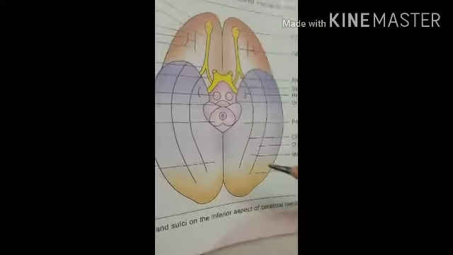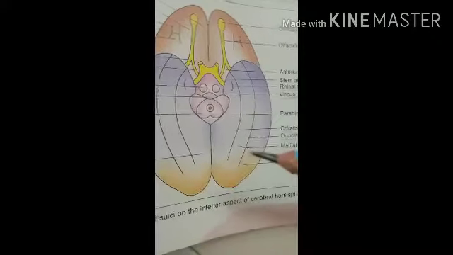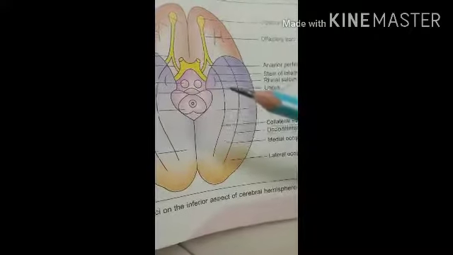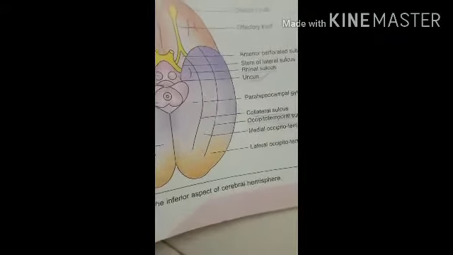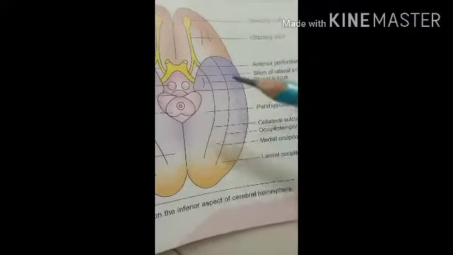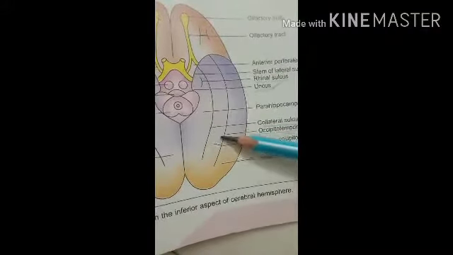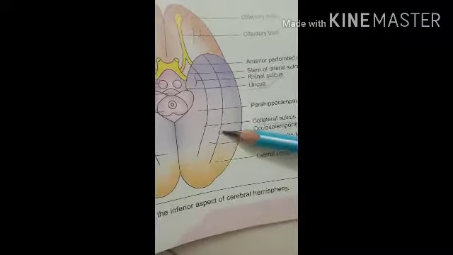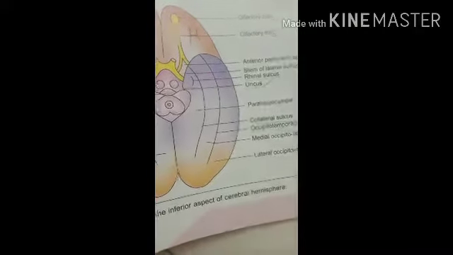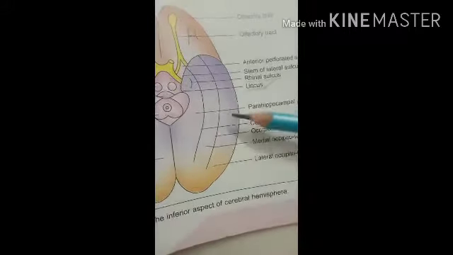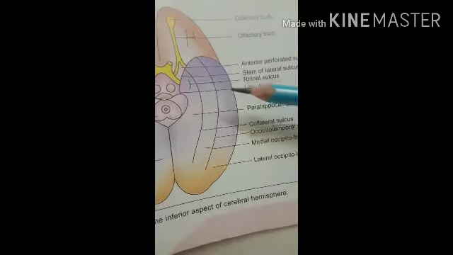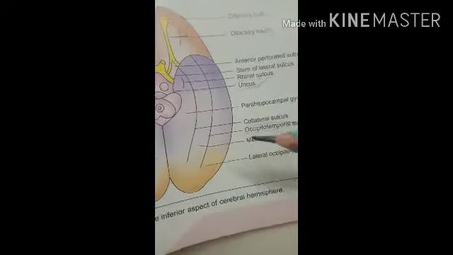Then the area present between the occipitotemporal sulcus laterally, the collateral sulcus, and the rhinal sulcus medially. So this area lateral to the occipitotemporal sulcus is called the lateral occipitotemporal gyrus.